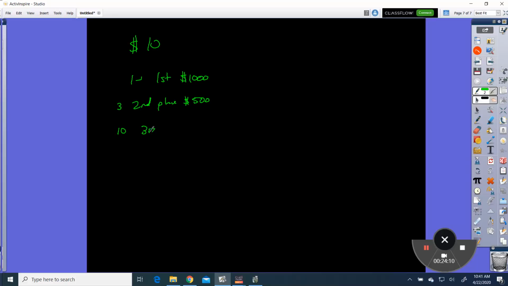There's 10 third place people, and they get $250. And there are 100 fourth place people, and they get back their $10. It says there are 1,000 tickets sold. What is your expected value in participating in this raffle?